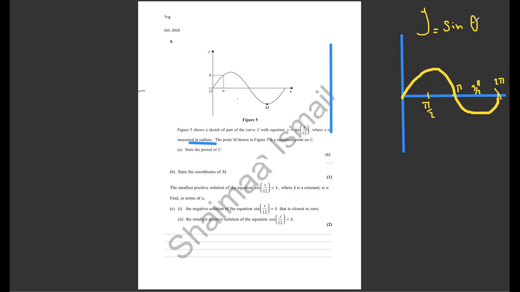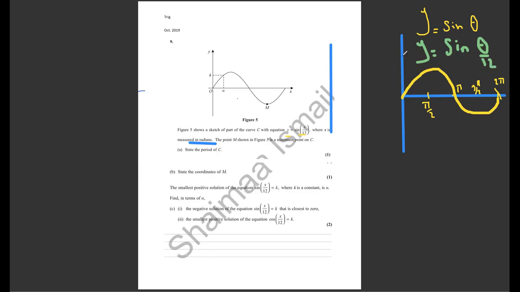What is the equation here? He gave you y equal to sine theta over 12.